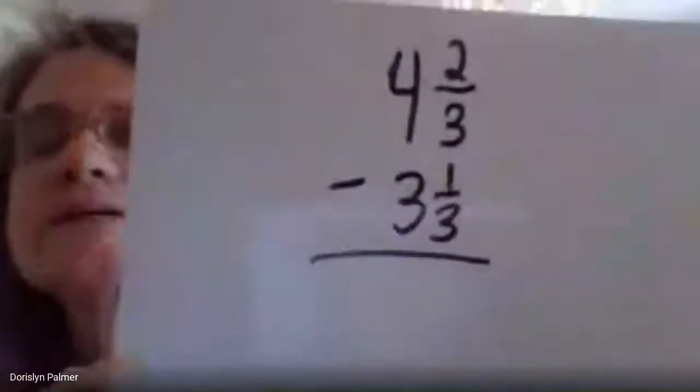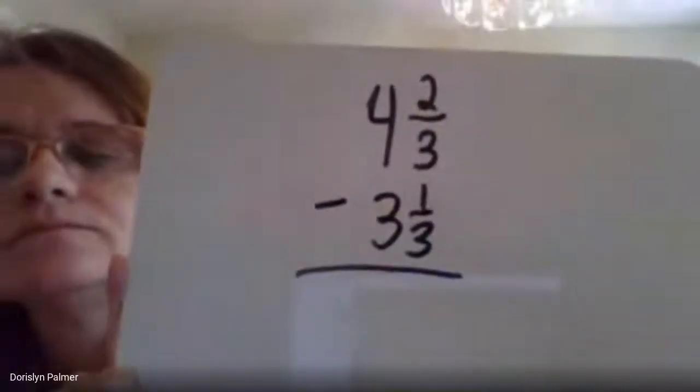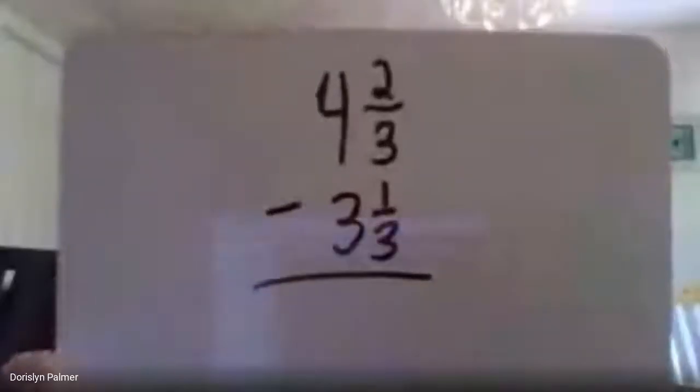All right, 4 2/3 minus 3 1/3. I have it. 4 2/3 minus 3 1/3. Well, let me go to my list. Under Brooklyn, I have David C. All right, David C., what should I do? Subtract the fractions, then subtract the whole number.